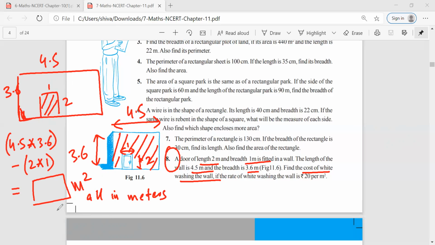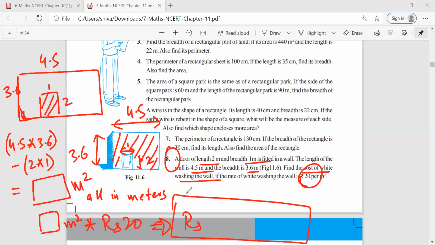I can multiply that meter square by rupees 20, and I will get the final answer in rupees. Mr. Sarthak, would you be able to calculate this? Yes, sir. This question is your homework. Question number 8 is your homework. Okay.